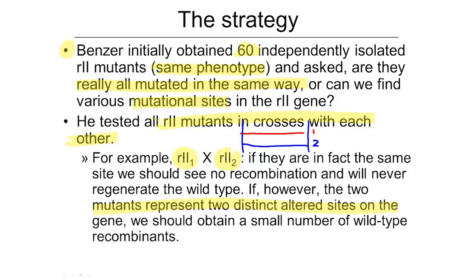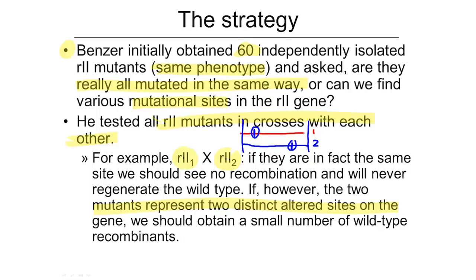So the bead theory says, look, R2 mutant 1 is one way in total. R2 mutant 2 is another way in total, even though they have the same phenotype, which is interesting. What he was asking is, is it possible that maybe R2 mutant 1 is messed up, as it were, mutated in this spot, and R2 mutant 2 is mutated in that spot?